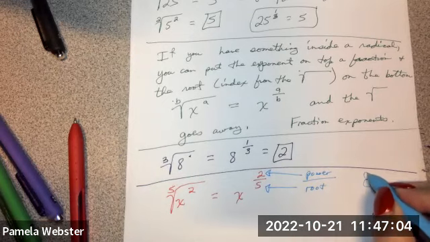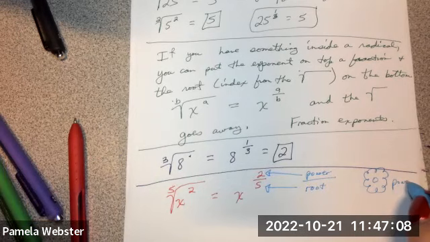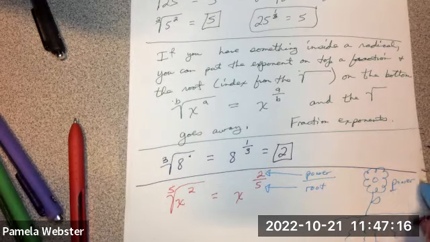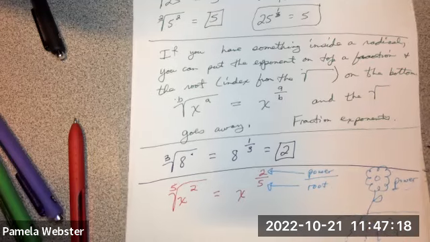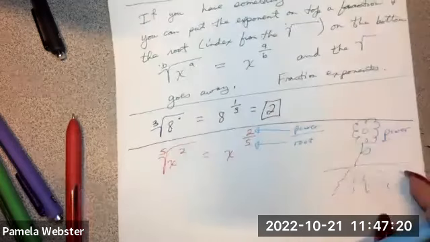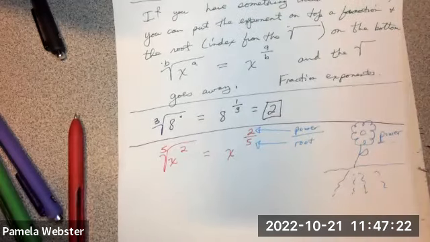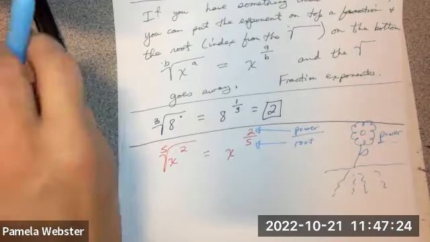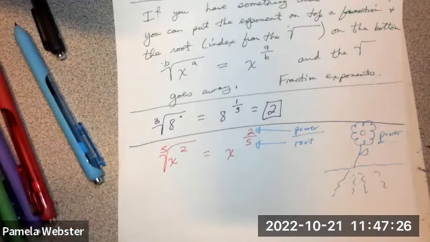When we talk about flower power, here's the power of the flower, and then here are the roots. So the power is on top, the roots are on the bottom. If that helps you to remember where those things go, then great. Keep it in mind. That's how the fraction exponents are going to work for us.